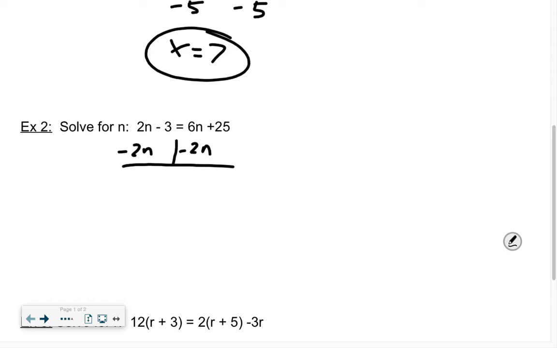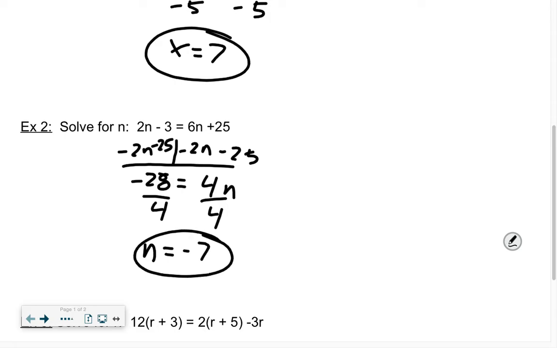And if you want to, in the same step, you can move the 25 over to the left. So minus 25. 6n minus 2n will get us 4n. Negative 3 minus 25, negative 28. True. The n value is negative 7.